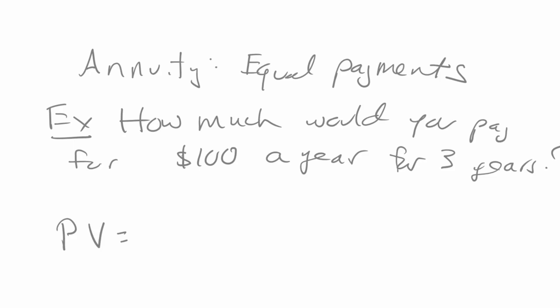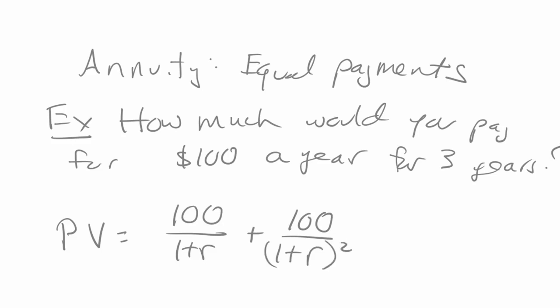Well, this is the same as how much you would pay for $100 in 1 year, plus $100 in 2 years, plus $100 in 3 years. And that's all there is to it. If we want to get fancy, we can think about a formula for an annuity that lasts for T years.